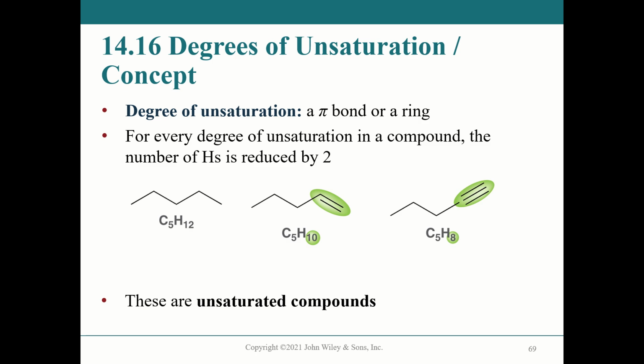The actual formula we're given, C5H8, has 8 hydrogen. 12 minus 8 would be 4. 4 divided by 2 is 2 degrees of unsaturation. So with 2 degrees of unsaturation, if we just had the chemical formula, then you should be looking for information from an IR, mass spec, NMR that implies you have 2 double bonds, 2 rings, a double bond and a ring, or a triple bond, because those would all equal 2 degrees of unsaturation.